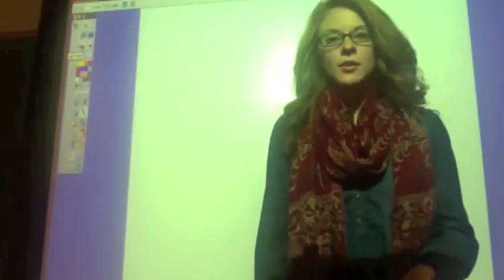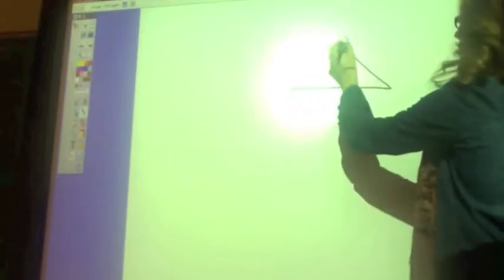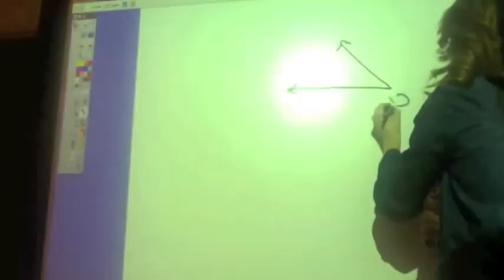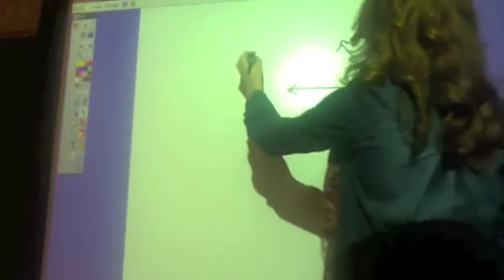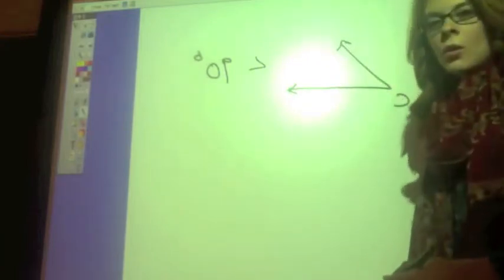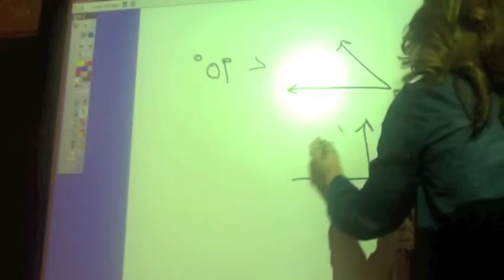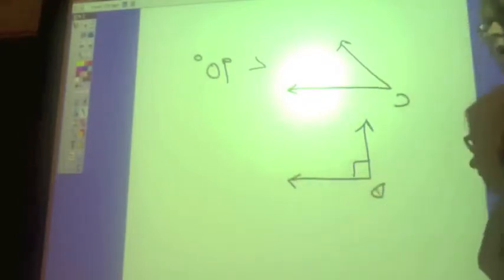Now to talk about different types of angles. We have acute angles. These are less than 90 degrees. We have right angles. These are equal to 90 degrees.